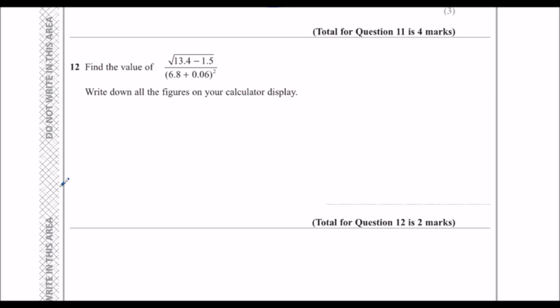Okay, question 12. Find the value of the square root of 13.4 minus 1.5 all over 6.8 plus 0.06 squared. So the challenge here is to type it in the calculator exactly how it looks. So if you press the fraction button, the button that looks like this, first, and then we should be able to type it in exactly how it looks.